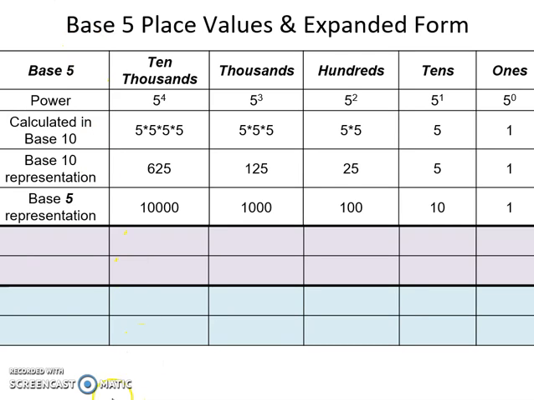So here we are going to use just the digits up to but not including our base. So 0, 1, 2, 3, and 4 are the only digits we can use when we're working in base 5. So we cannot have 526. It doesn't exist in base 5.